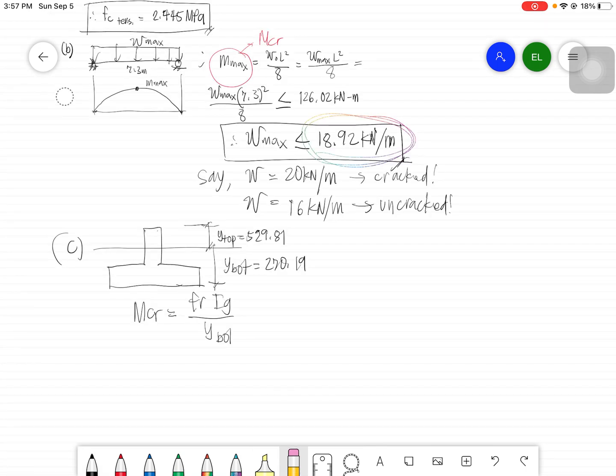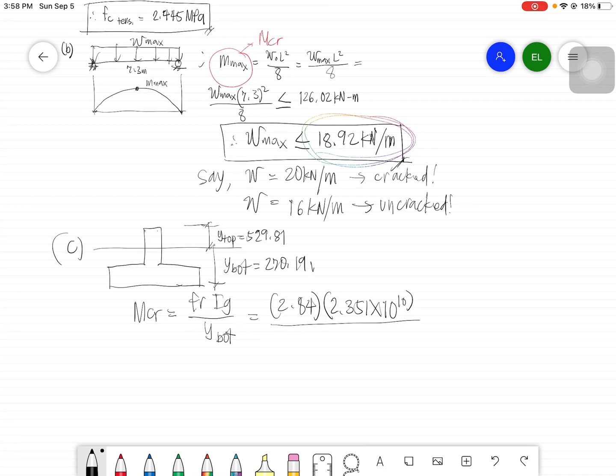So we have FR earlier, which has the value 2.84. Then IG is 2.351 times 10 raised to 10.